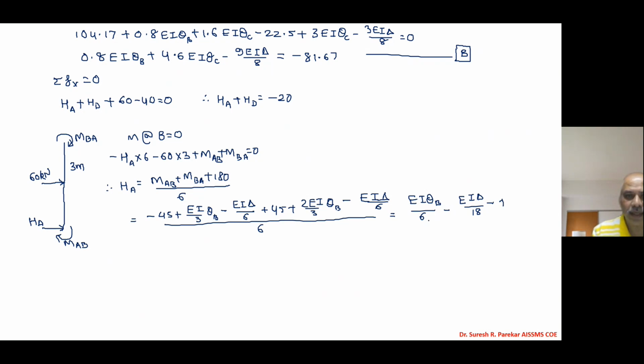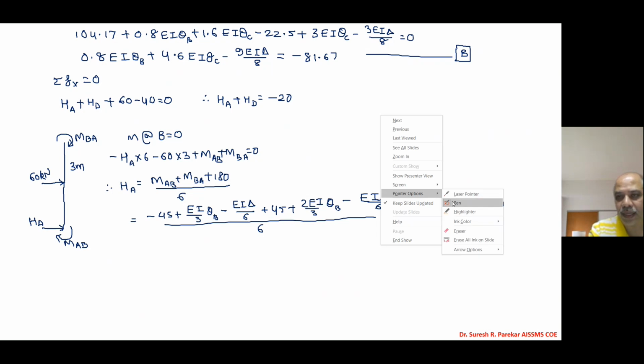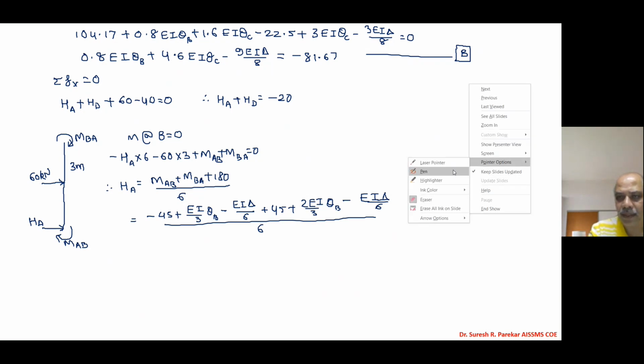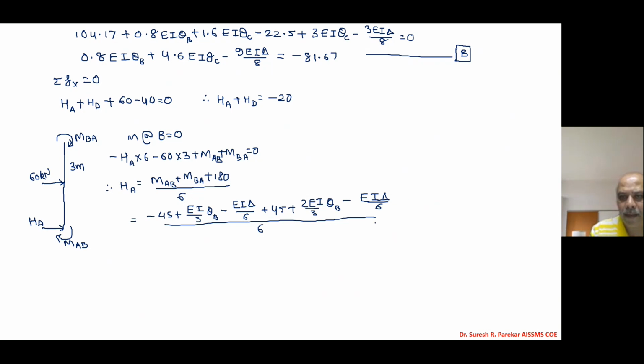Sorry, minus 45 gets cancelled. And sorry, 180 we have not considered over here. That we have to add in this actually. So plus 180 we have to make over here. So we have this 180 which we have to add.